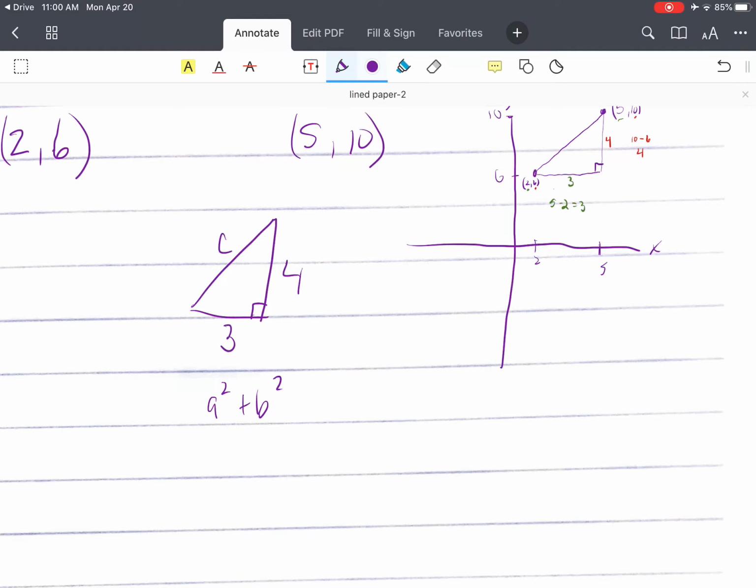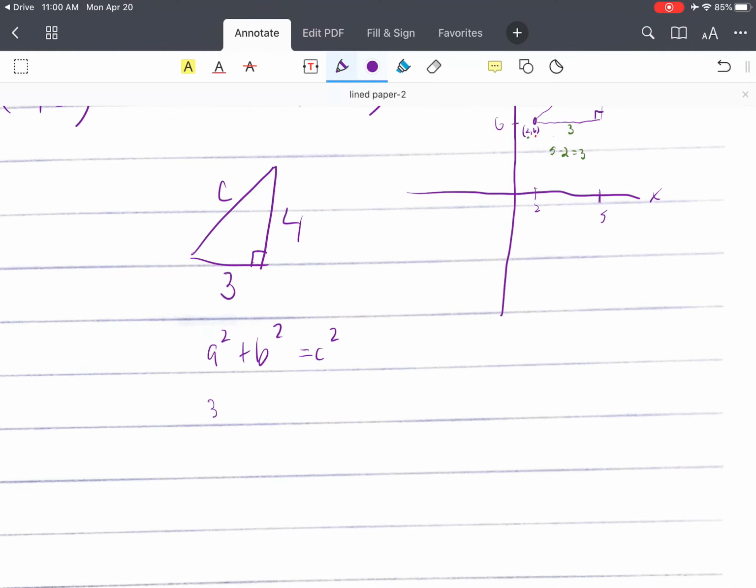A squared plus b squared equals c squared. 3 squared plus 4 squared equals c squared. 9 plus 16 is equal to c squared. 25 is equal to c squared.